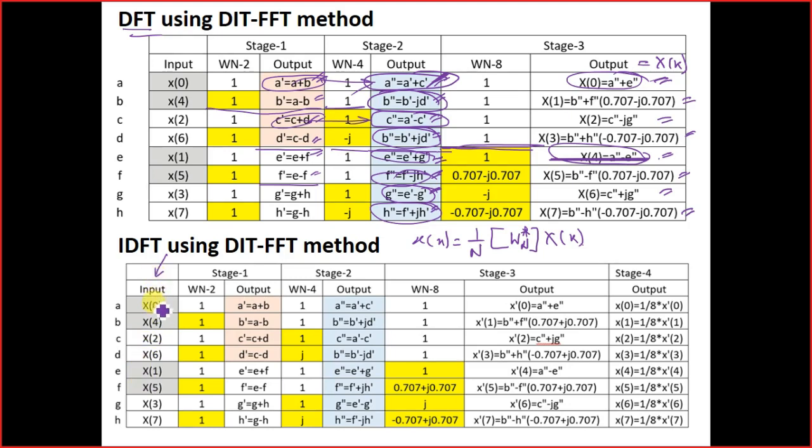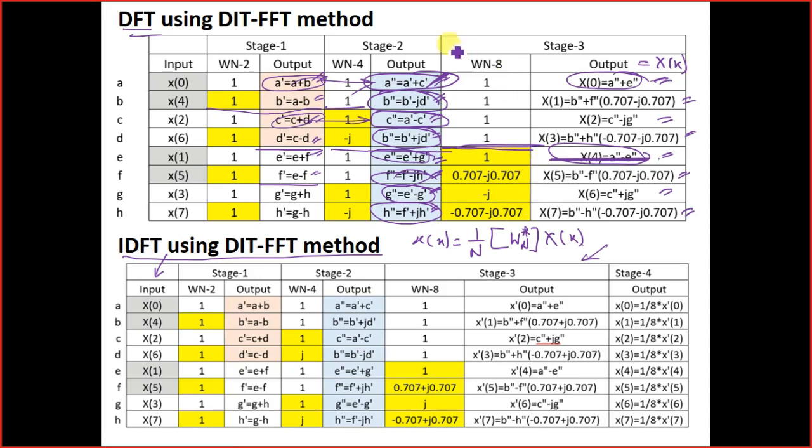Even though you are working with the frequency components, if I ask you to perform IDFT using DIT FFT method, even though the input is the frequency domain signal component, it would be in the decimated order. The rest of the calculation up to stage 3 remains not the same but similar.